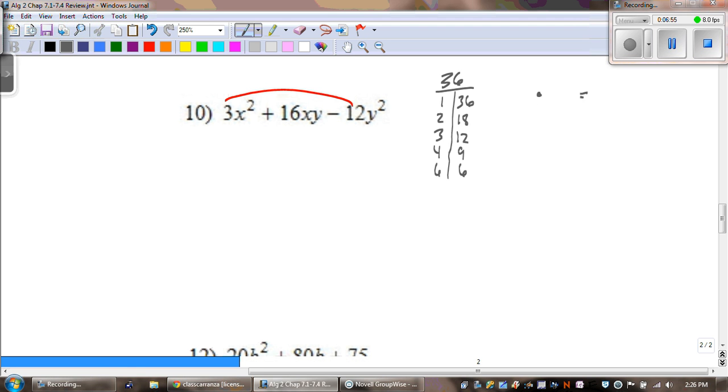Are there numbers that multiply to get to negative 36? I'm saying it's negative because 3 times negative 12 gives us negative 36 and adds up to get to 16.